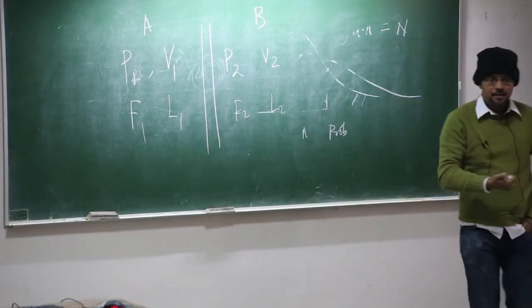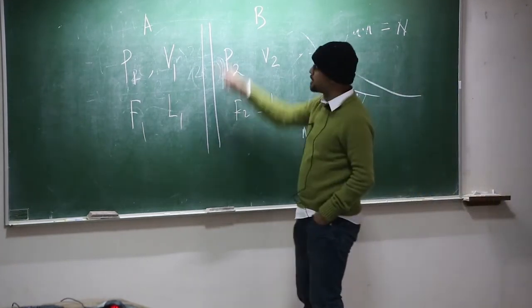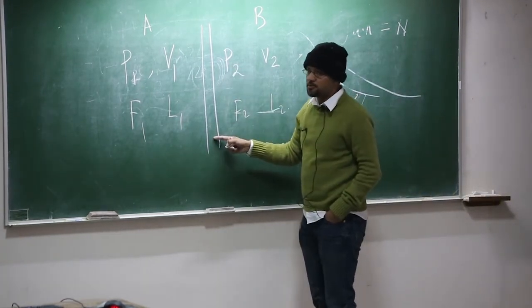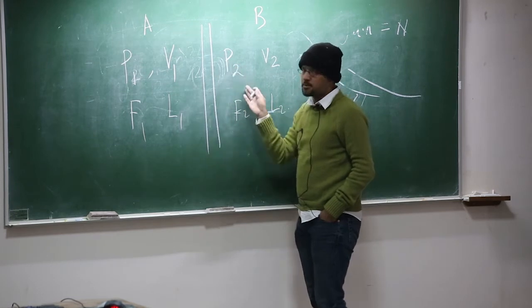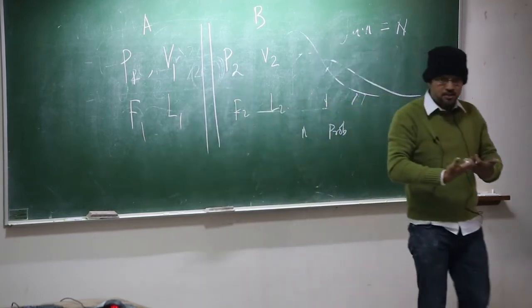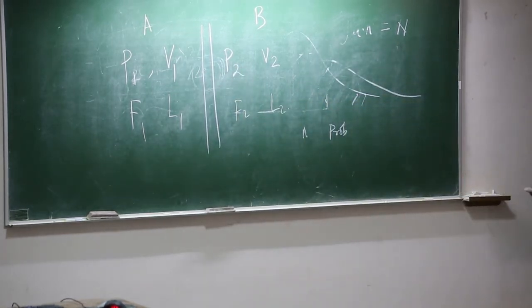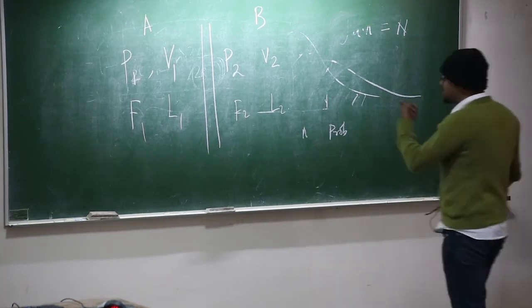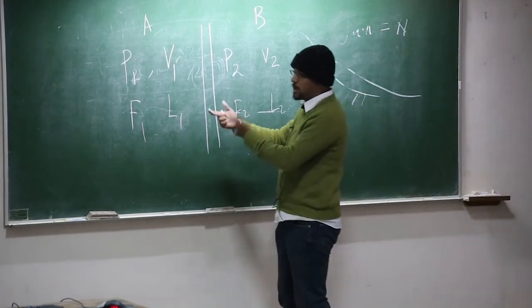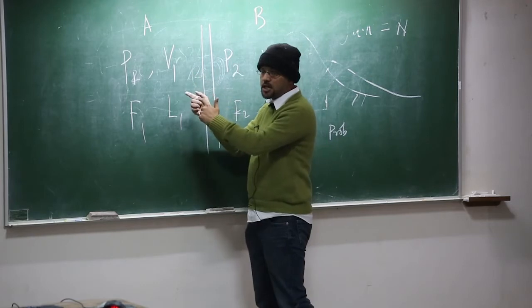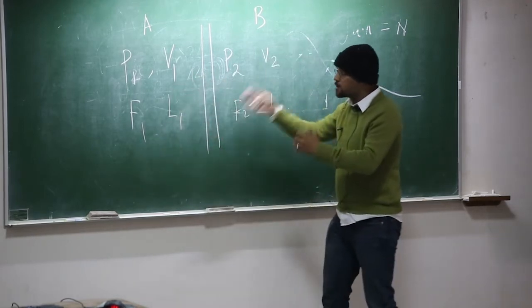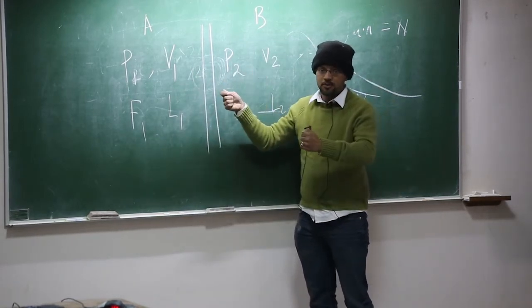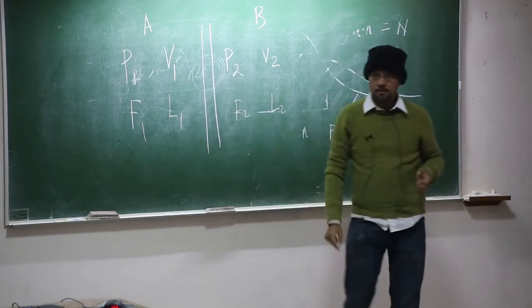The moment I replace this wall by a diathermic wall, and these thermodynamic variables change spontaneously, and a new state of equilibrium is reached, I immediately can assure you that these numbers will all change, and now you cannot arbitrarily choose one of them. So they will be fixed.